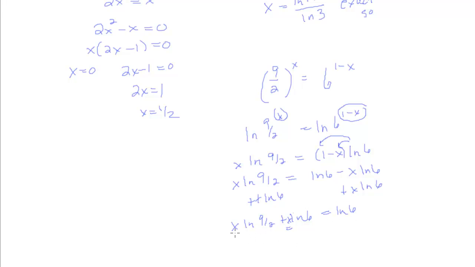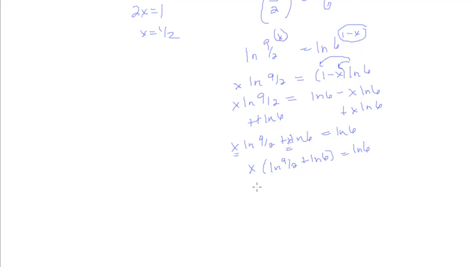Now, since I have my x terms on the left, I can factor an x out. So I'm left with natural log of 9 over 2 plus natural log of 6 is equal to natural log of 6. Let me get myself a little bit more room.